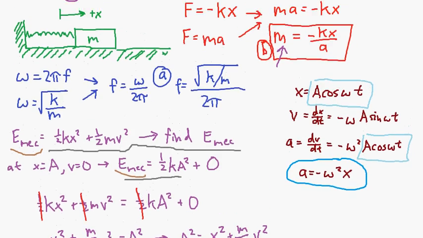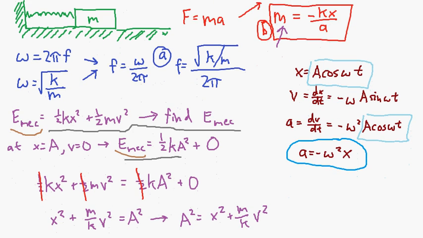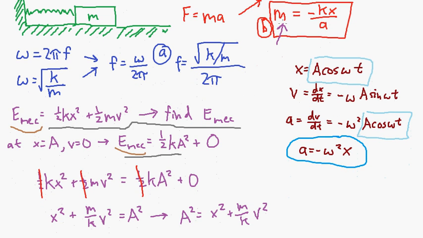But the other thing you really could do if you wanted to is you could take this and substitute in this expression we have for the mass, which is negative k x over A. So the negative k is going to cancel. Then you would get A squared equals x squared minus, and then negative x over A times v squared.